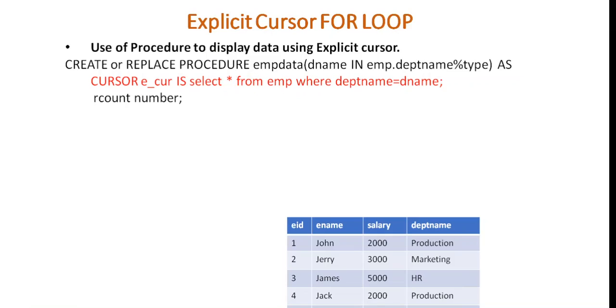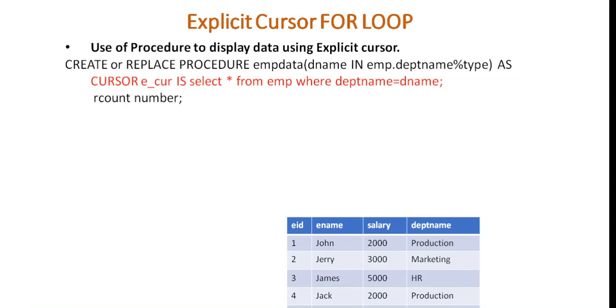Okay, see, now when we call this procedure from any other block, then along with the procedure name we'll specify the name of the department that we want to display. Okay, and that department name will be received by the emp data procedure in the dname variable, because it is an input type of variable.